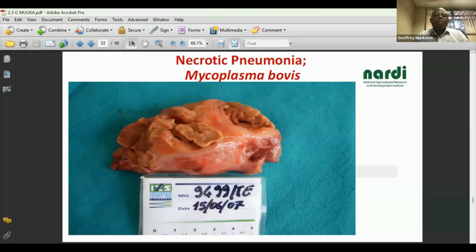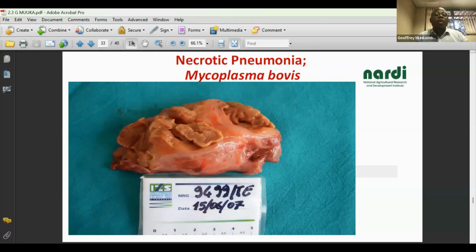This is Mycoplasma bovis. You look at Mycoplasma bovis. This is demonstrated by this lesion here, which can be very confusing. When we look at the slides that will show the sequestra later on by Massimo, I'm sure it's not presenting that. You need to take note of the difference between this slide that I've put here and the sequestra.